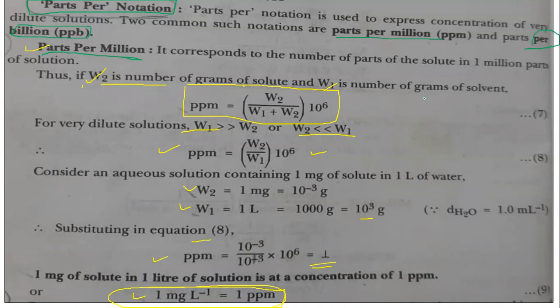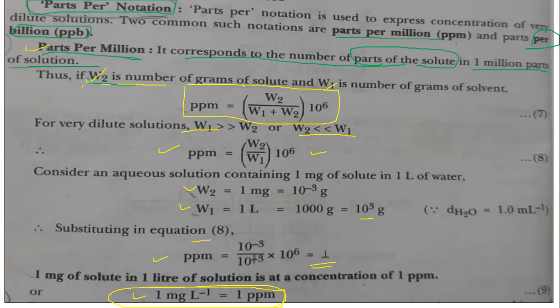Now see, here it is, part per million. Let me go through a sentence so that you will get a clear idea. It corresponds to the number of parts of solute in 1 million parts of solution.